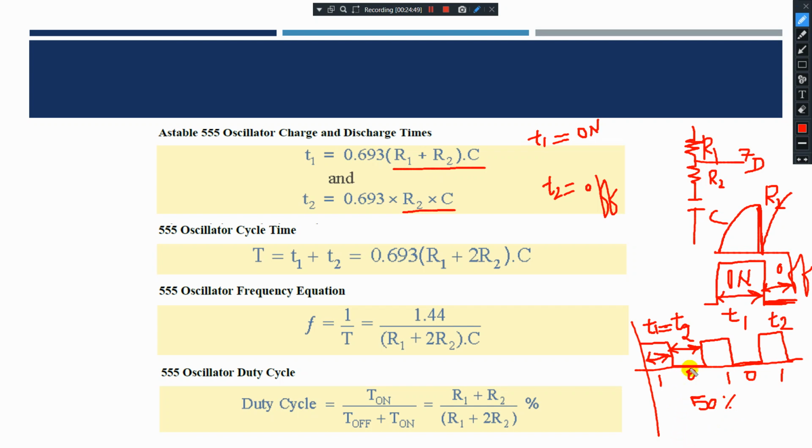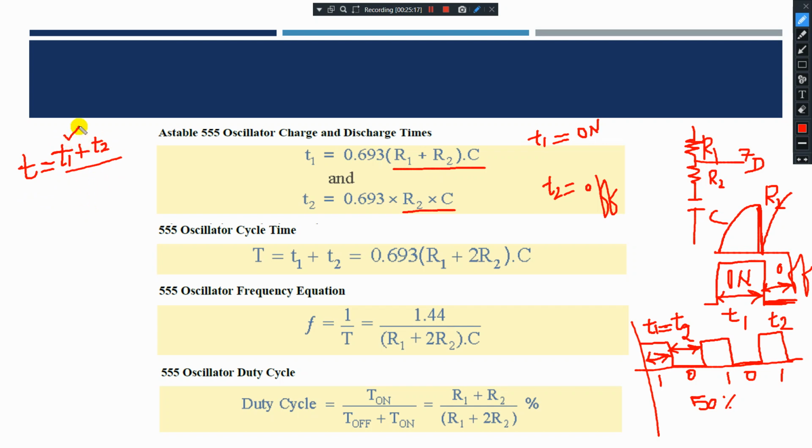Now the question is, what is duty cycle? That is nothing but T on divided by T off plus T on. I'll come back to that in some time. The total time T is nothing but T1 plus T2, which is how long your pulse takes to generate.